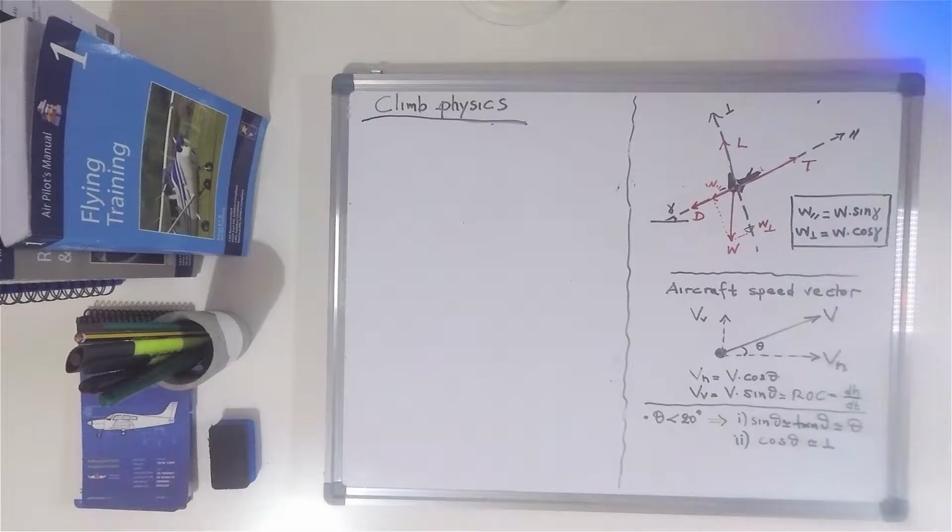Climb gradient is simply the tangent of the angle of climb expressed in percentage form.